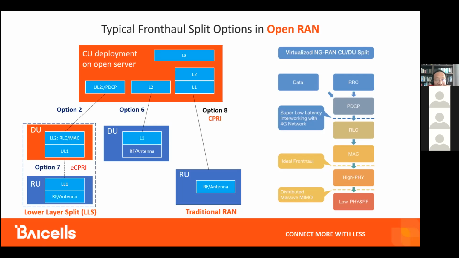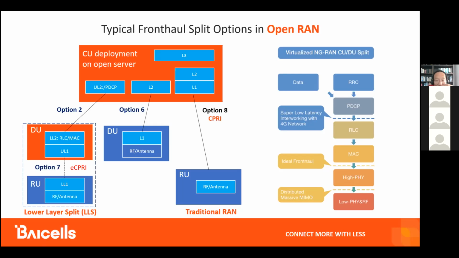For example, for the option 7 split, you will see option 7-1, option 7-2, option 7-3, and even for option 7-2, there are sub-options A, B, and C. There are many of them, but I just want to introduce some typical split options.